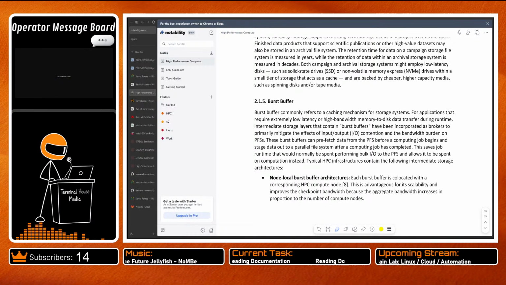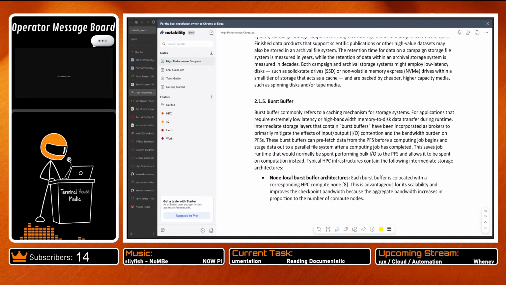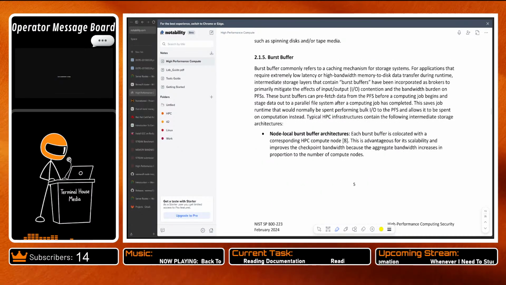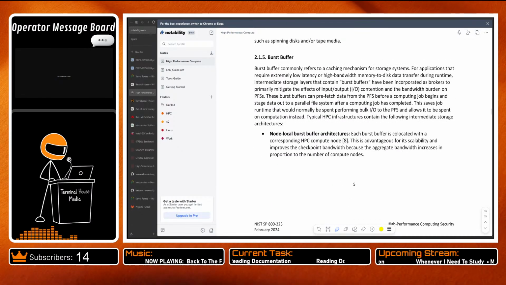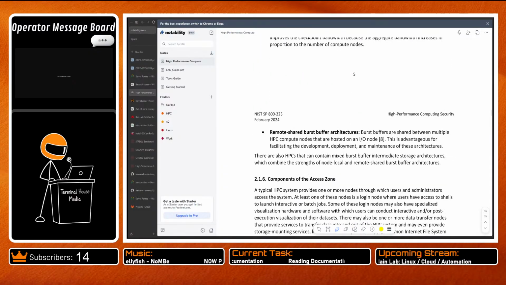Typical high-performance infrastructures contain the following intermediate storage architectures. Node local burst buffer architectures: this burst buffer is co-located with a corresponding HPC compute node. This is advantageous for its scalability and improves the checkpoint bandwidth because the aggregate bandwidth increases in proportion to the number of compute nodes.